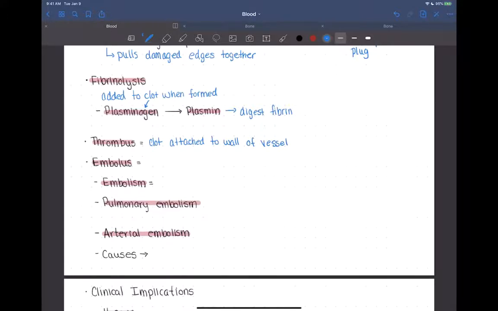Okay, and so then if for some reason that clot detaches and is now floating in the bloodstream, that is referred to as an embolus, okay? A clot, so this is a clot detached from the vessel wall.